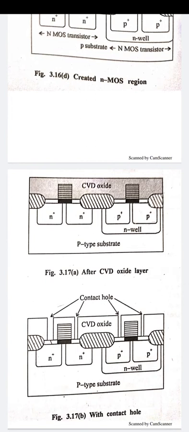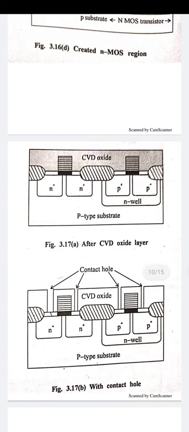We have etched holes in the oxide using active contact masks. First we make the contact holes in this CVD oxide layer, then we spread metal, aluminum or copper, over the whole wafer and fill the holes. Now the pattern is made and the excess metal is removed.